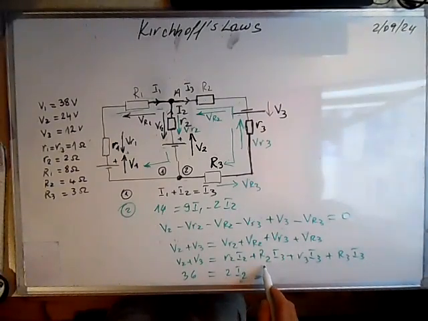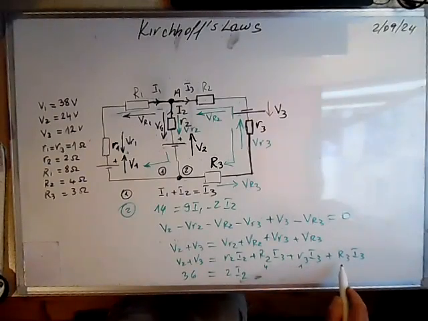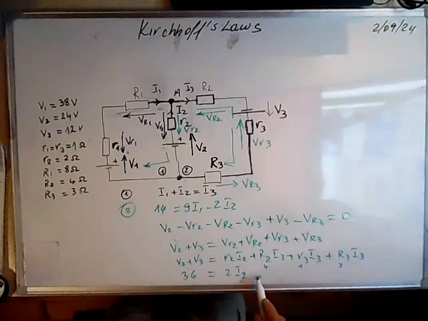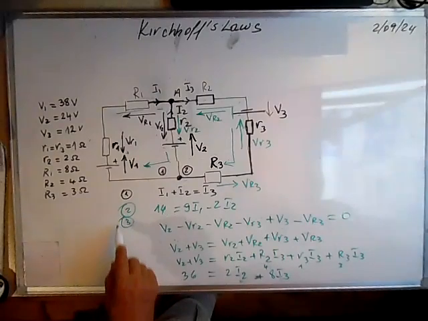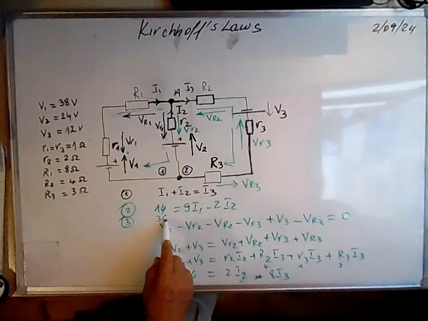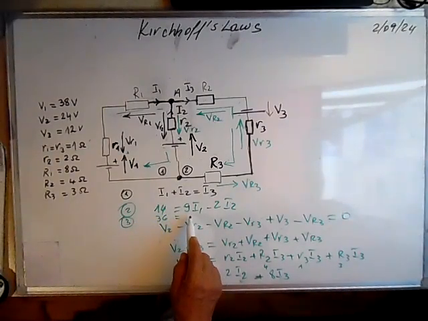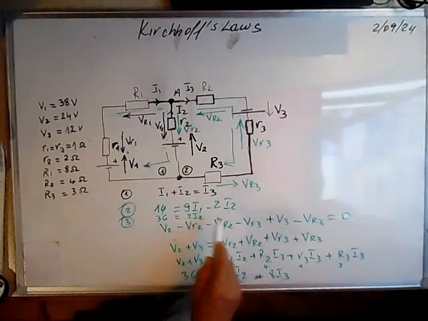R2 is 4, R3 is 1, and R3 is 3. It means it's plus 8I3. So we write the equation here, third one: 36 is equal to 2I2 plus 8I3.